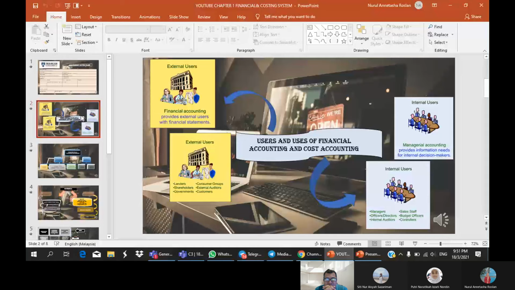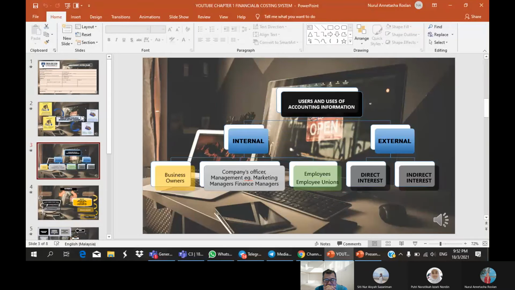For users and uses of accounting information, there are two, internal and external. Internal, there are business owners, company officers, managers like marketing manager, finance manager, and employees or employee unions. For external, there are two parts, which is direct interest and indirect interest.